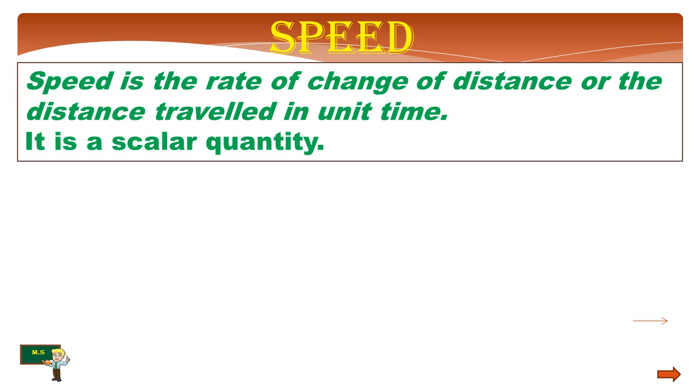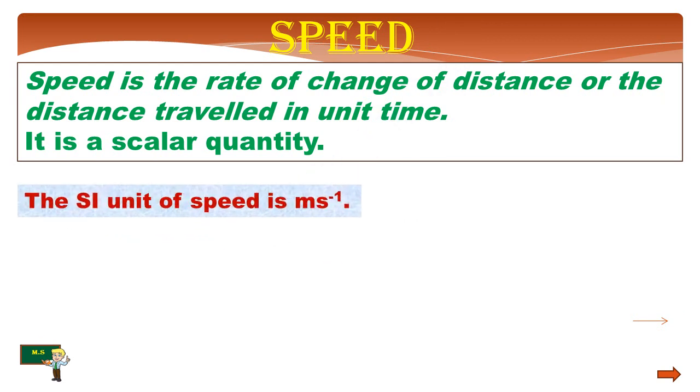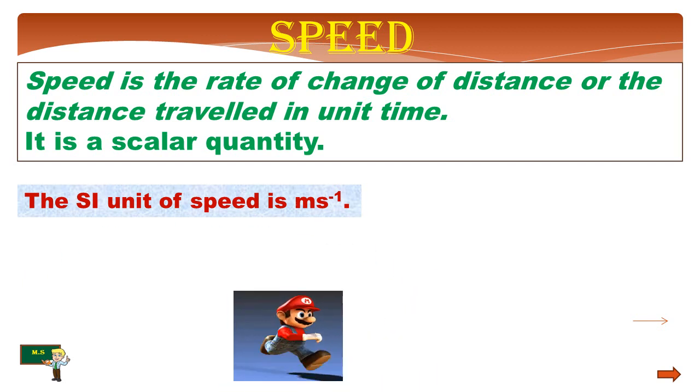I already mentioned that it is a scalar quantity. The SI unit of speed is meter per second or m s minus 1. This picture shows a man running with a high speed.